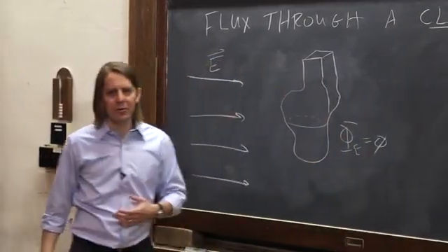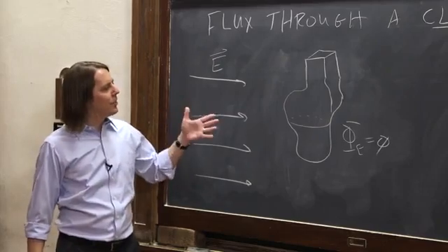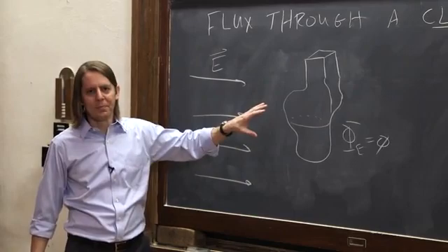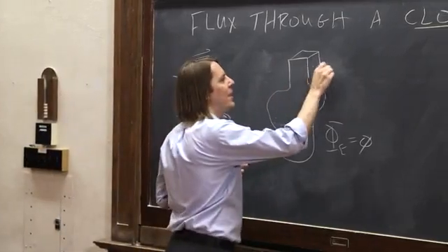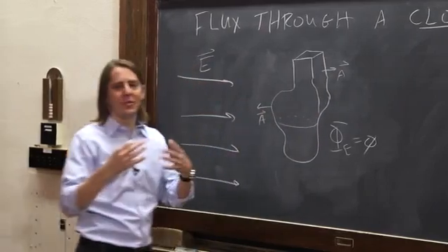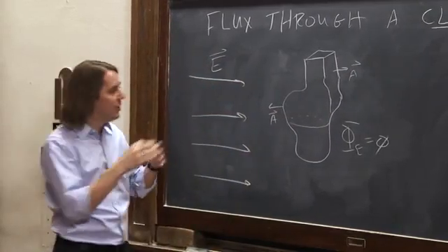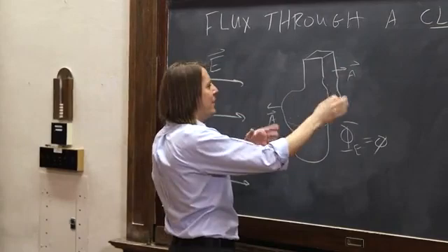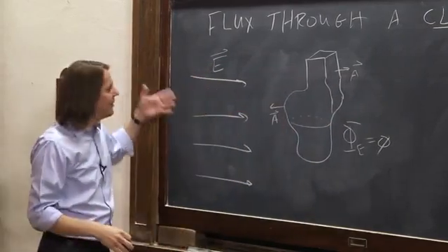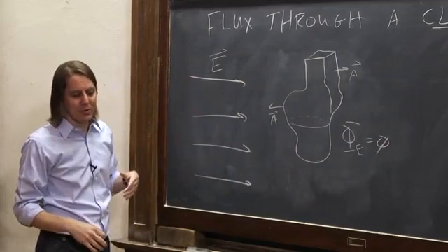We don't have to do the vector calculus because the flux of a uniform field through any closed surface is always 0. Closed surfaces always have the area vector sticking out. That's how they're special. An open surface, it's arbitrary which side the A vector goes. Closed surfaces, we always make it stick out. They always have one side, they always have the other side. No matter how complicated they are, if you have a uniform field, the flux will always be 0.